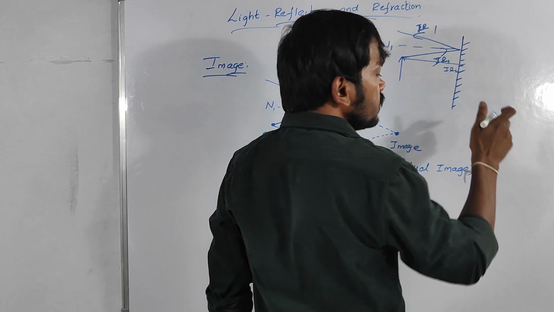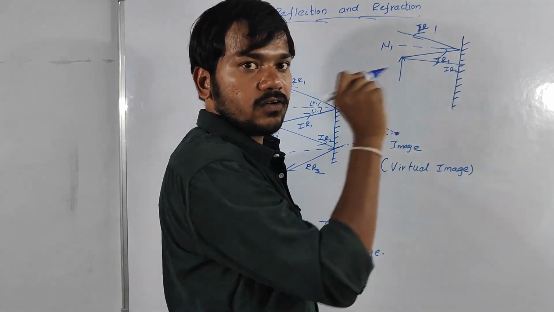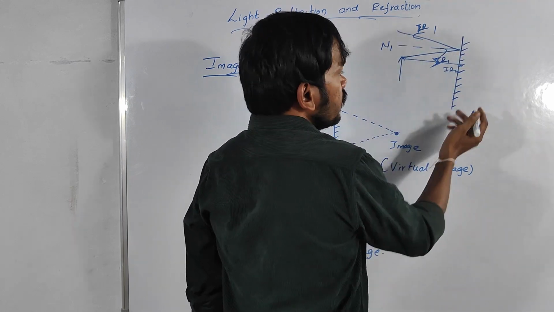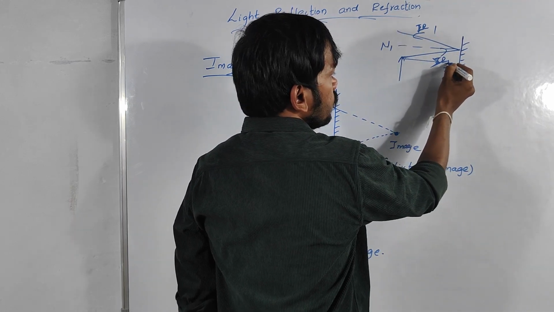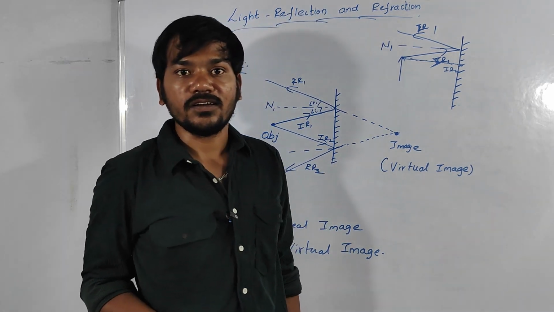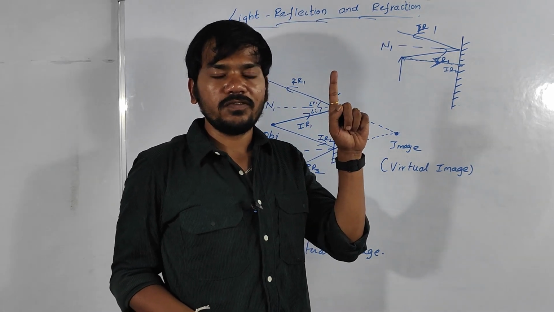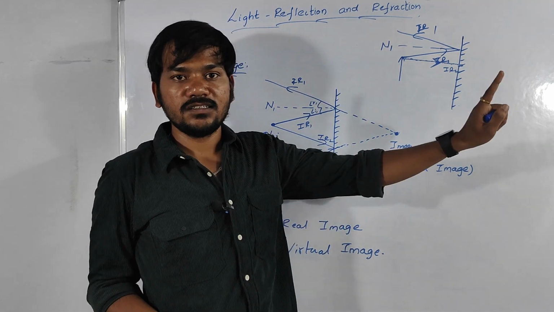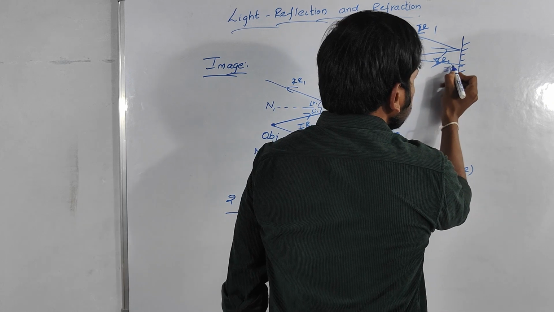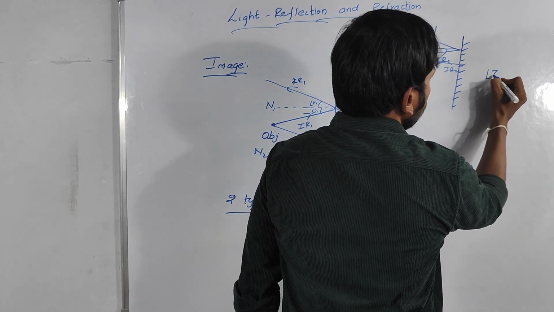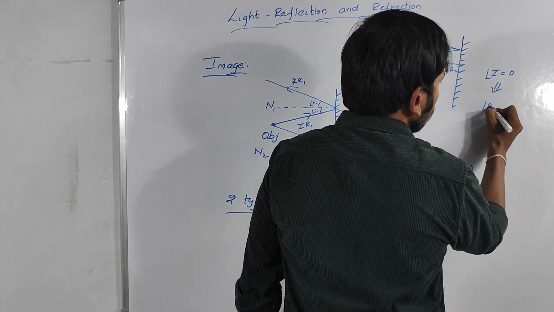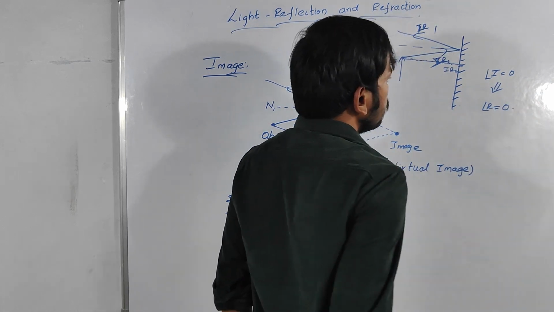And what about this here? This is normal incidence, perpendicular incidence only, no? Perpendicular. So obviously the normal will coincide with the incident ray, and even the reflected ray. Why? Because the first law of reflection says that the angle of incidence is equal to the angle of reflection. So whenever the angle of incidence is 0, it implies the angle of reflection is also 0.